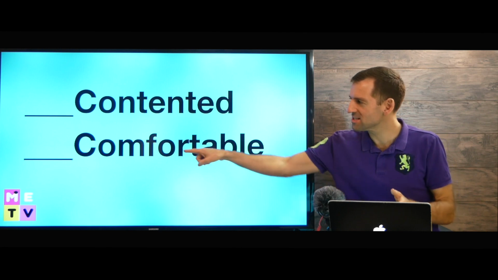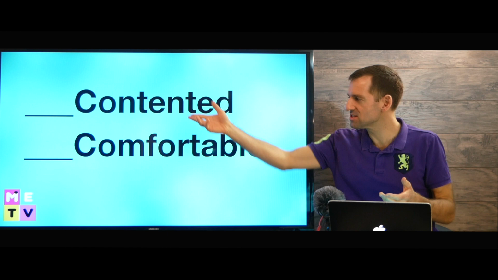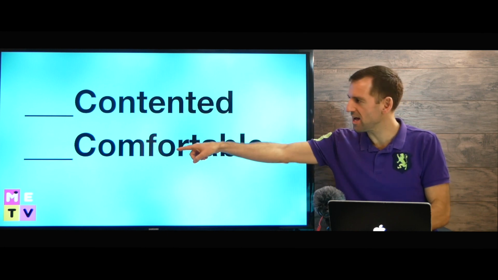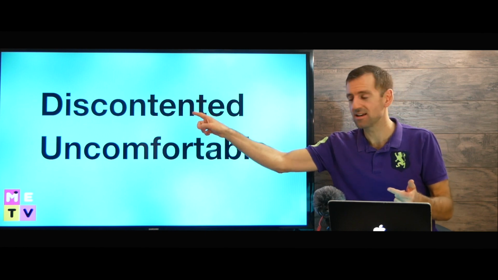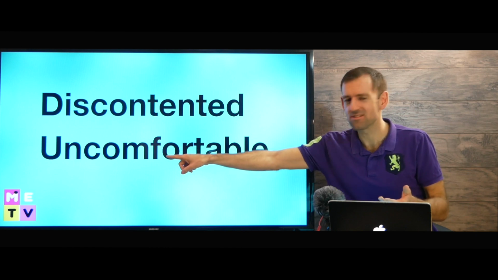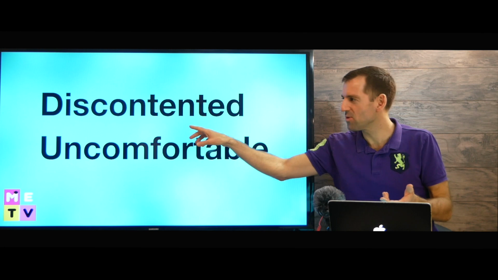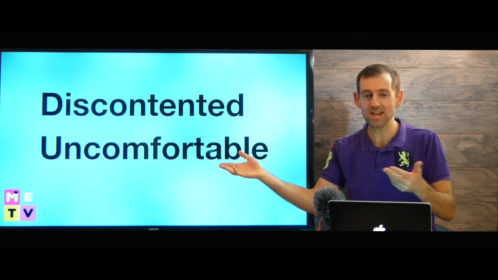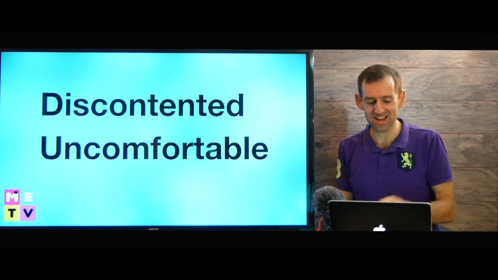Now what's the opposite of these words? How would we make them negative? What should we add? Well, contented becomes discontented, and comfortable becomes uncomfortable. So even though they mean basically the same thing, we use a different prefix. Why? Well, like I said, I don't know. This is English. Welcome to English.